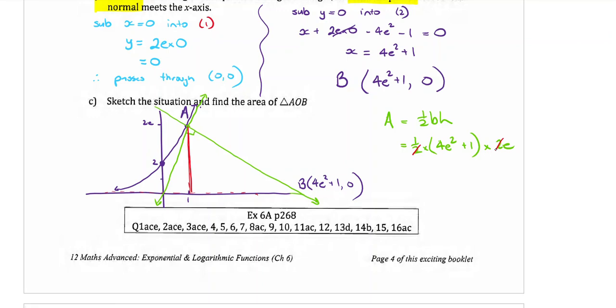Let's times the e into the bracket, and we would get 4e cubed plus e. Or you could leave it factorised if you prefer, I don't mind. Okay, so that would be it. Technically that would be units squared, it's an area of something. Okay, done.